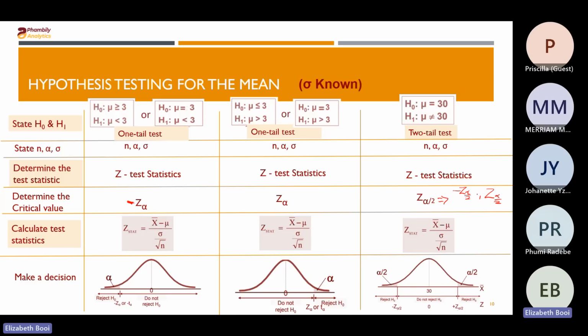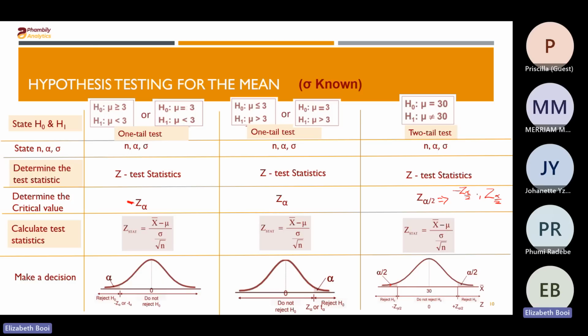So the rule says, if your test statistic, that one value, falls on the left-hand side, if it's less than the region of rejection on your left, you reject. If it's greater than the region of rejection on the right, you reject the null hypothesis.